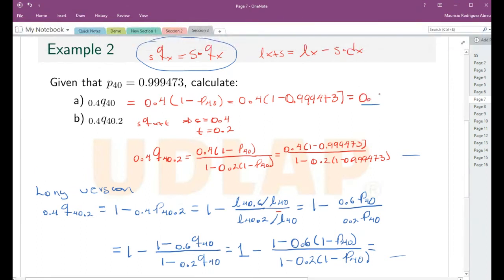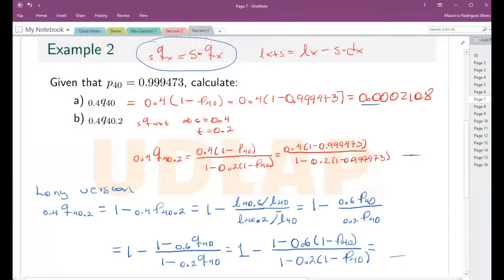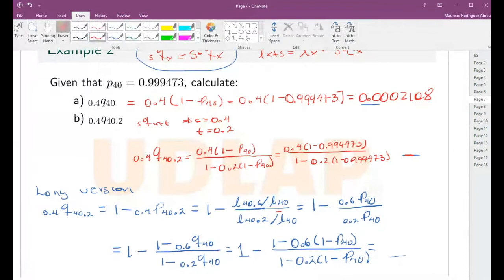So this is 0.000108. And it should be pretty similar to the second one, because again, we're not changing that much.